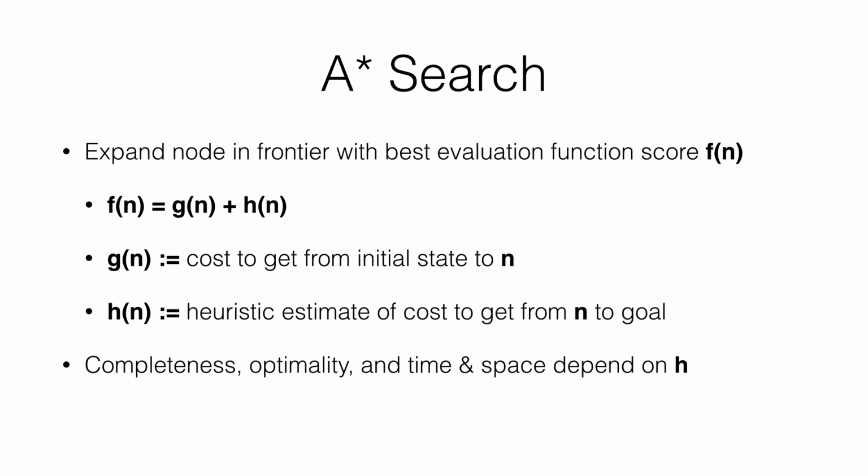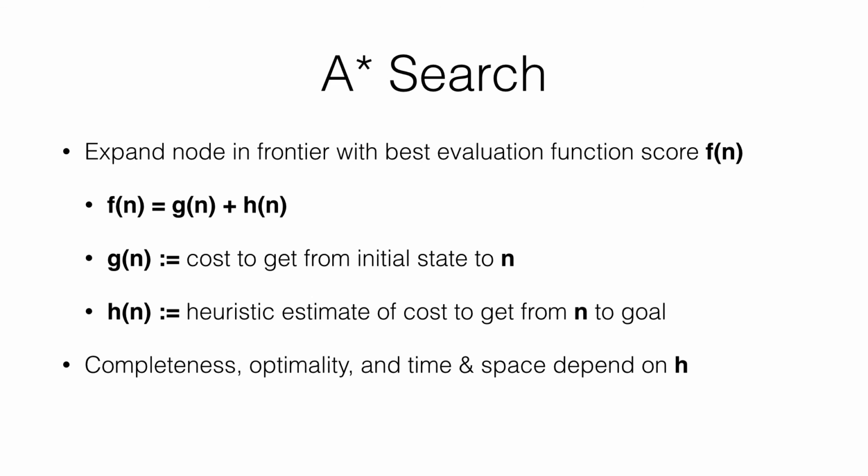It's first g of n, which is the cost to get from the initial state to n, and that's something that we can see as an AI algorithm. We get that information because we have measured it ourselves as we've taken these paths from the initial state to the current state. And then the second piece is h of n, the heuristic estimate of the cost to get from n to the goal.